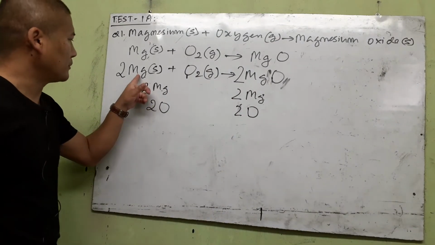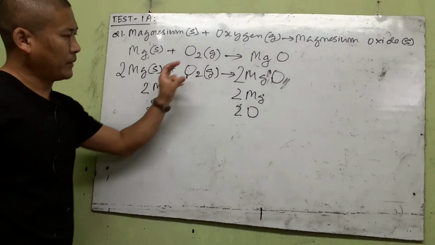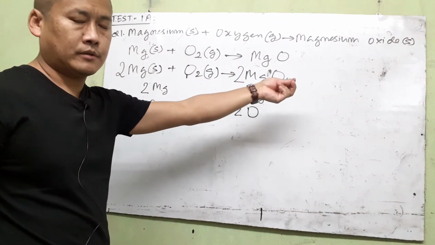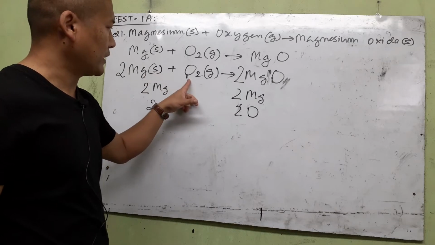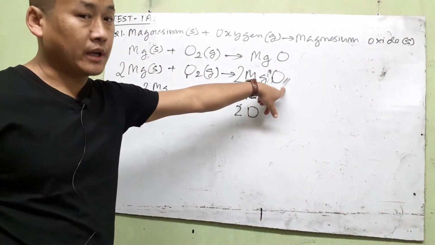There are 2 types of atoms, magnesium and oxygen, on the left side. The same atoms will appear on the right side. No new atoms will appear. Like on the left side, magnesium and oxygen atoms are there. Suddenly you see a chlorine atom on the right side. It's not possible in a chemical equation.